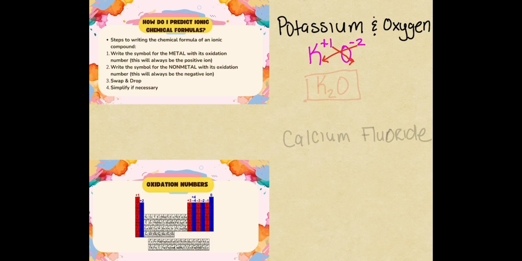You're just bringing the numbers. So what your formula will look like in the end is K2O. Remember, when we have 1 as an oxidation number, we do not write the 1 as a subscript. And this is going to be our ionic chemical formula for potassium oxygen, K2O.